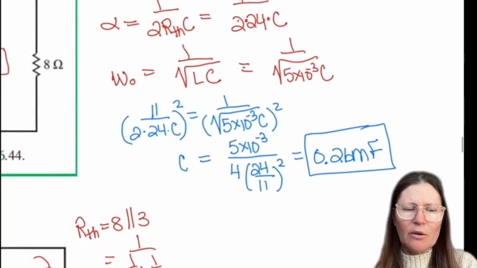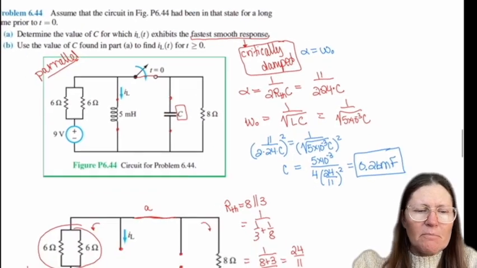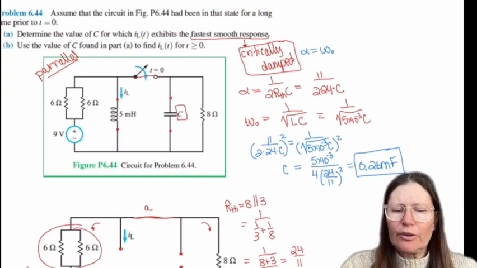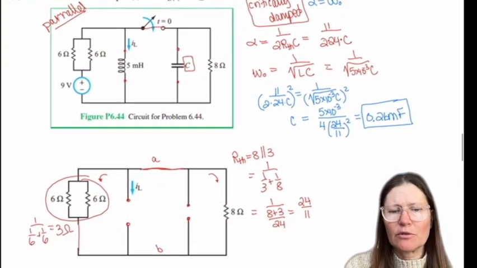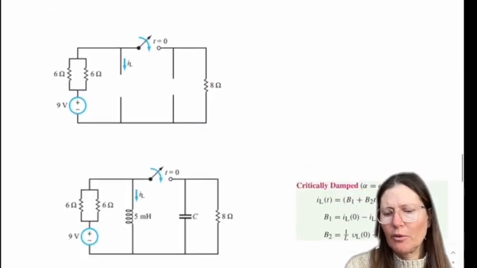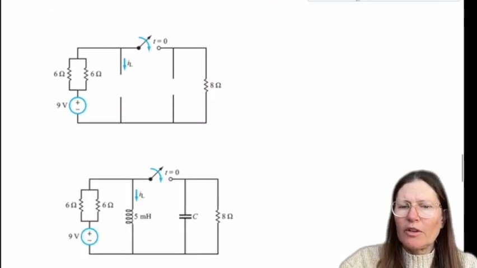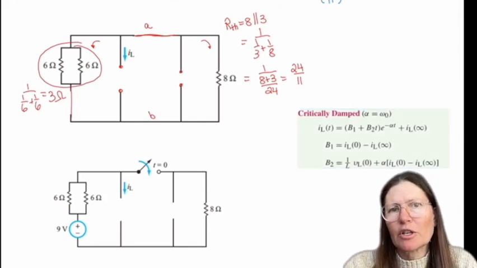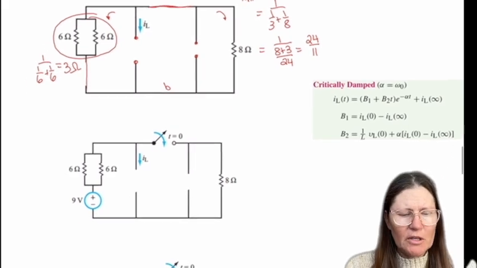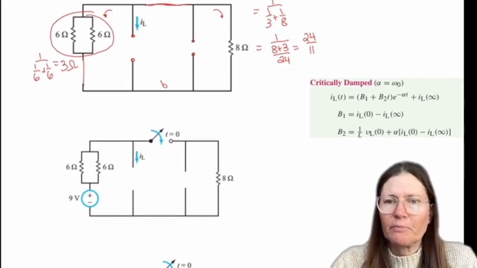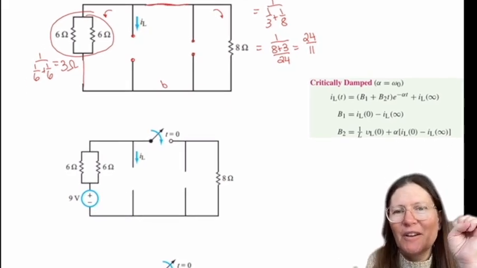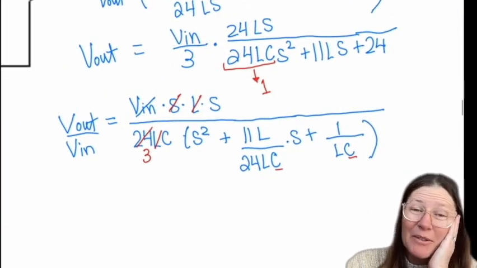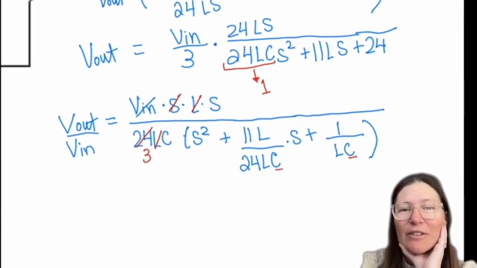So now we want to find IL of t. So to do that, we're going to need to use the table, or again, we can go back to the S equation, the frequency domain transfer function equation.